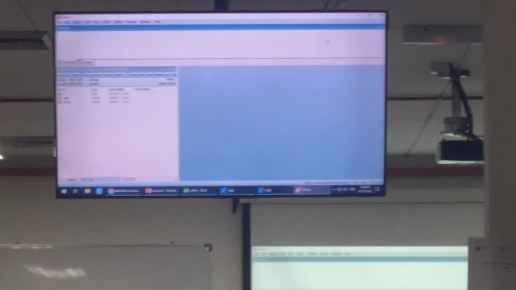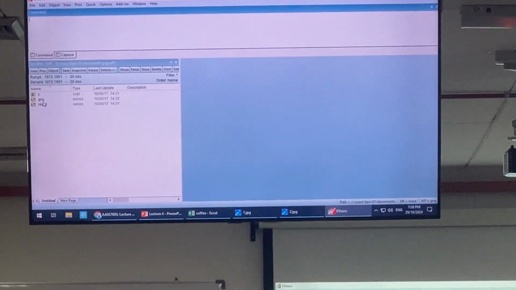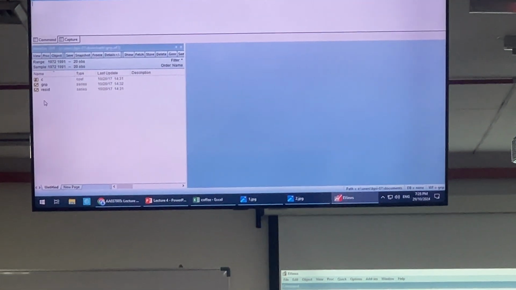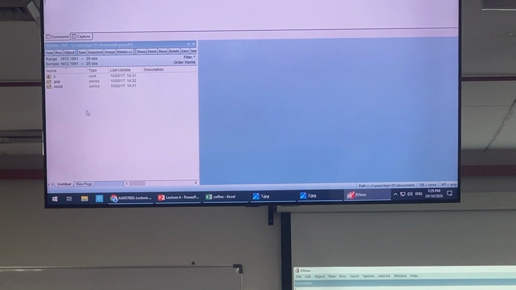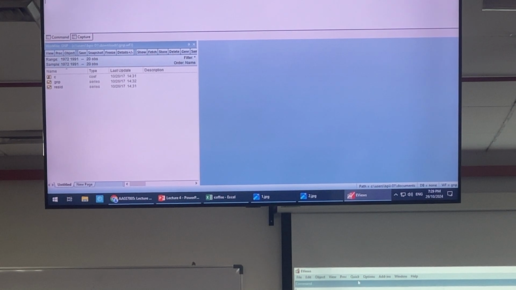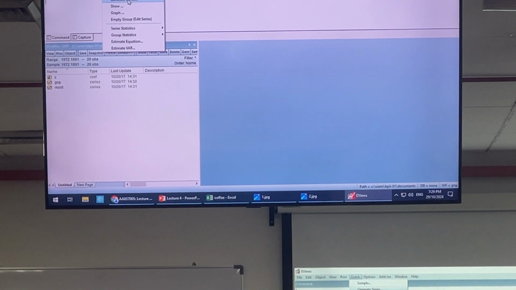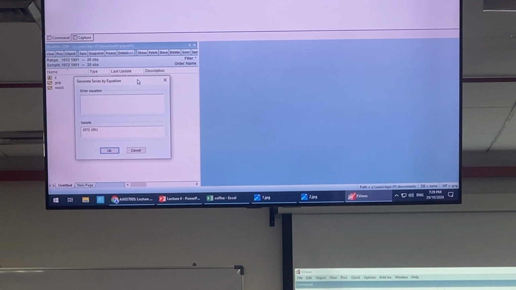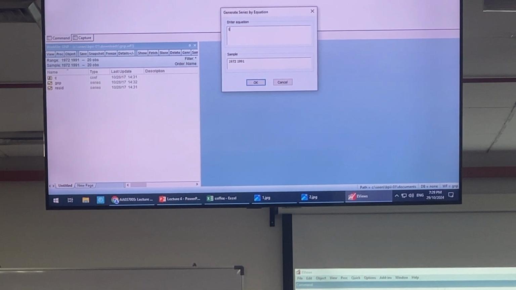Okay, so here we have our GNP data, but we don't have the time frame. We have to create it. To create a time frame, one way is to go to quick generate series. You can type T equal to trend plus 1.